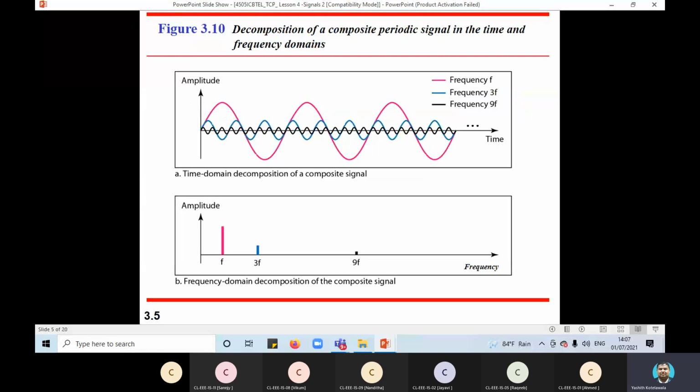How come the first harmonic became the fundamental? The first harmonic is a simple mathematical justification. The meaning of the first harmonic is you take the positive integer 1 and multiply f by 1. So when you multiply f by the integer value 1, you get f as the value.